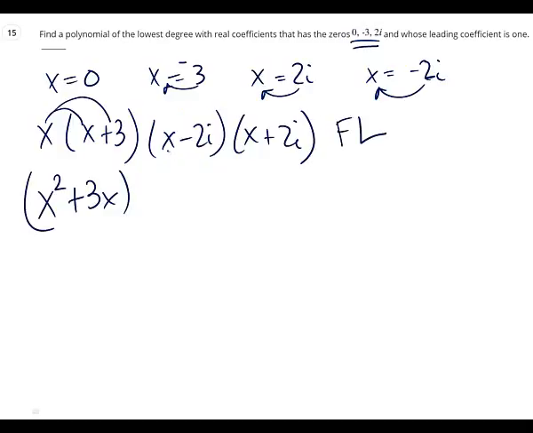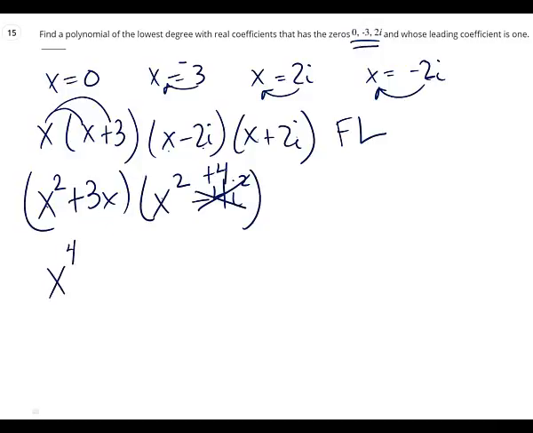First and last only. So what's x times x? Good. Negative 2i times positive 2i. Negative 4i squared, which is better known as 4. Right? Okay, I'm going to FOIL what I've got there. So what's x squared times x squared?